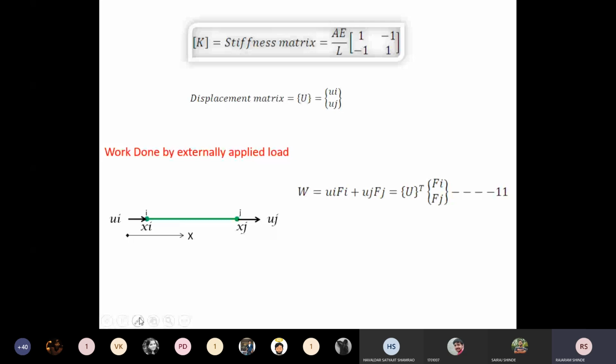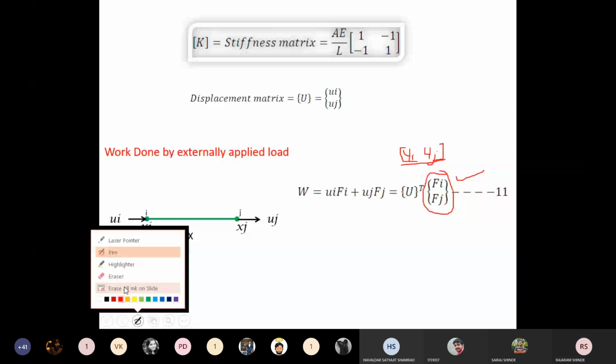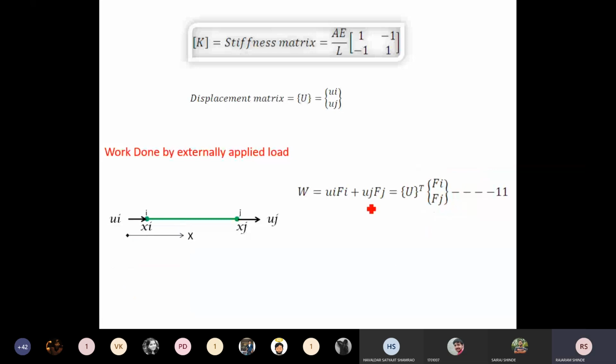If you write this in matrix form, you will get here ui, next uj, this is one matrix, and this is your force matrix. This is your displacement matrix and this is your force matrix, and you will get this work done is equal to ui Fi plus uj Fj, that is equal to U transpose into F. Have you got it? It is simple, just simple one here.